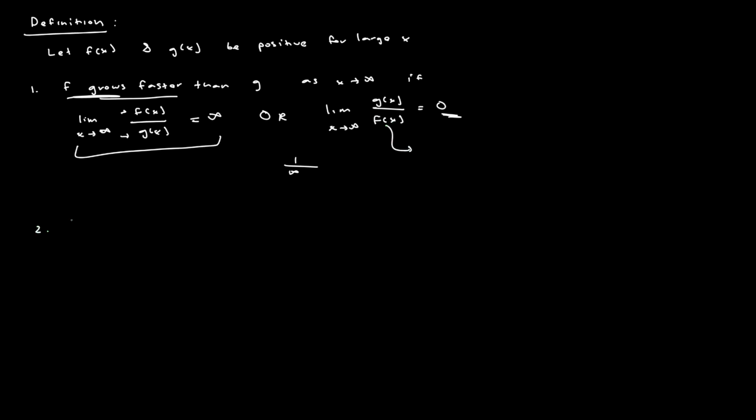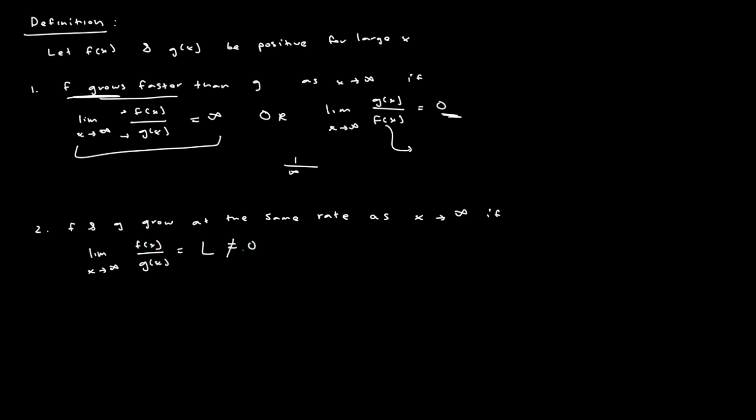And the second part says f and g grow at the same rate as x tends towards infinity if the limit as x tends to infinity of f of x divided by g of x is equal to some constant L, which is not equal to 0.